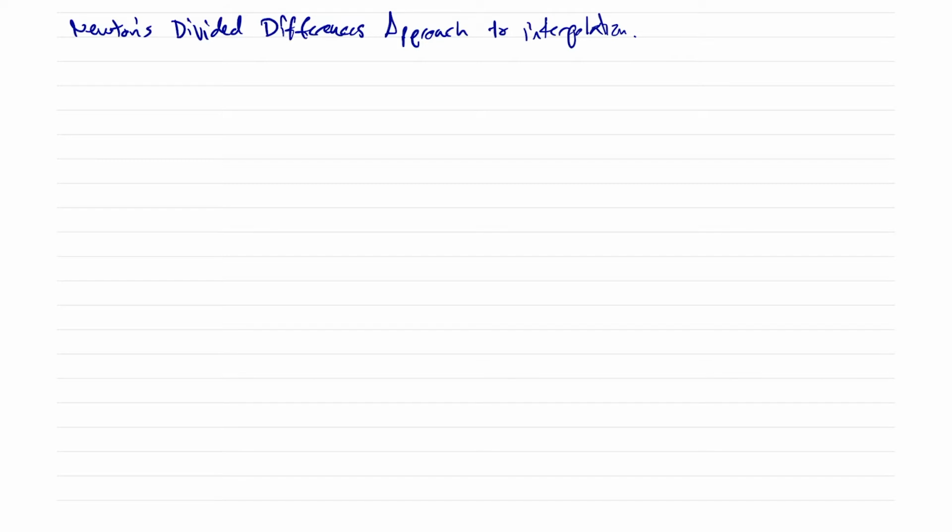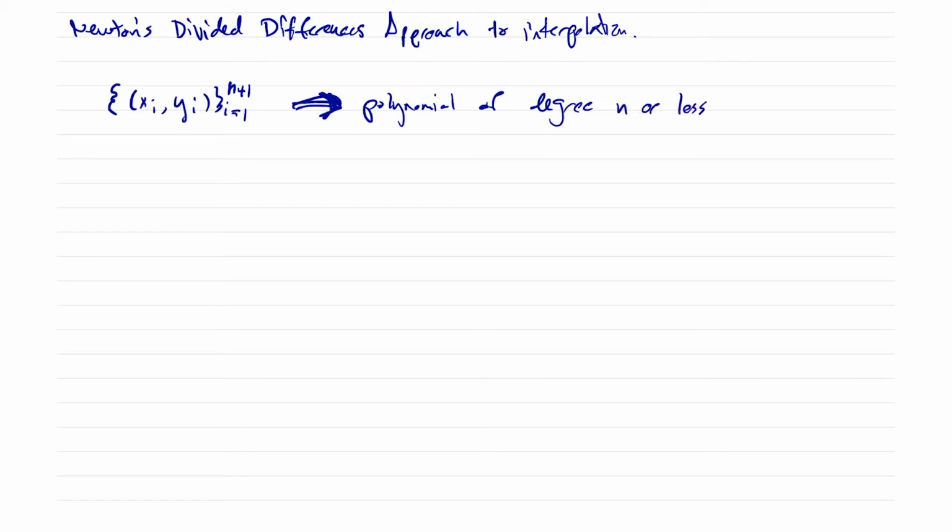What we're looking for is, we have this collection of points, x_i and y_i, with i running from 1 up to n plus 1, and we want to get to a polynomial of degree n or less.